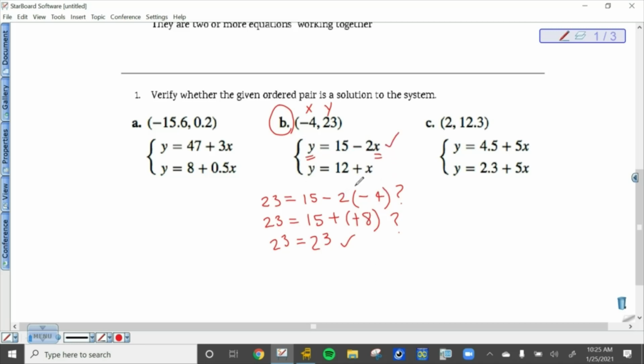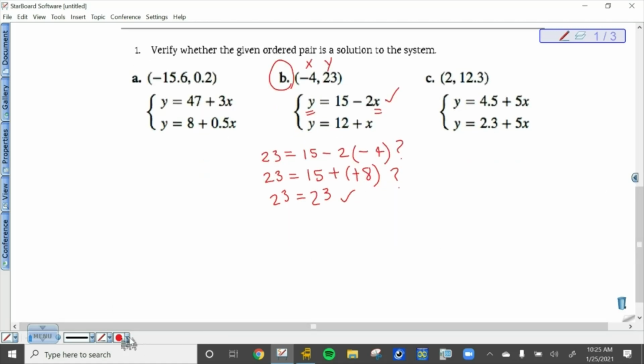Now let's check this second equation. Again, we're going to take our x coordinate and plug it in for x. Take our y coordinate and plug it in for y. So we get 23 equals 12 plus -4. We're checking to see if this is true.